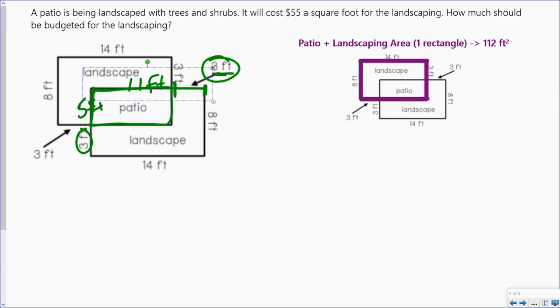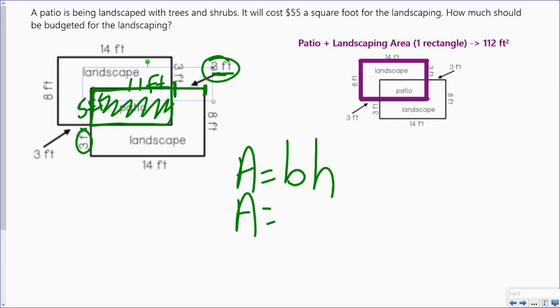Now to find the area of this section, I'm going to take area equals base times height. So area equals my base is 11 multiplied by my height is 5, and so my area is 55.